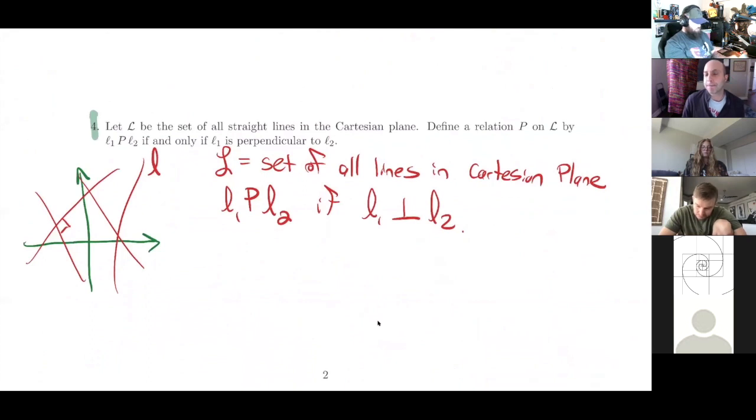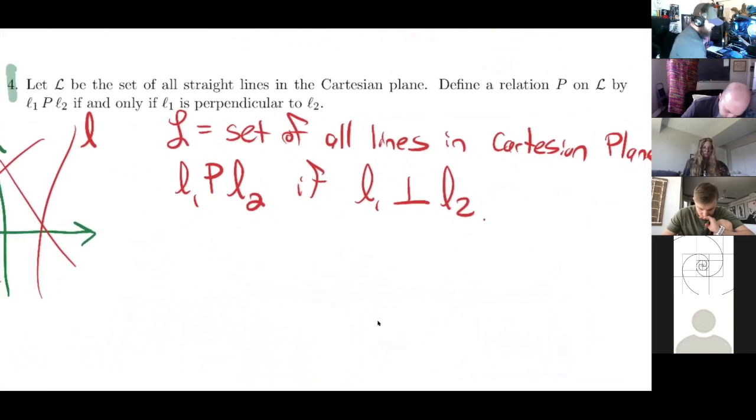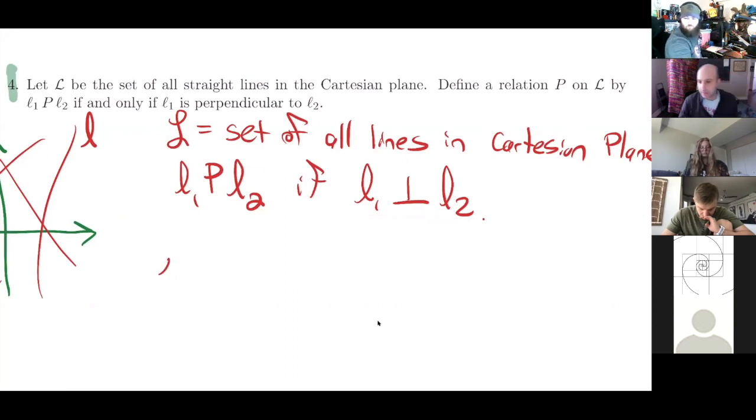So what properties or property do you think this relation is not going to satisfy? I've got a poll for that.